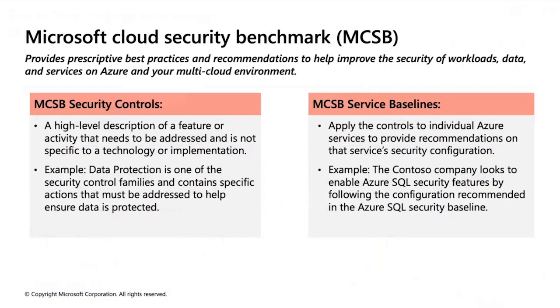For example, if I'm going to deploy a virtual machine and maybe that machine is already open for remote access and I'm not using it, in that situation you get a recommendation in MCSB that this virtual machine is enabled with remote access. That may be a vulnerability in future, and any attacker or hacker can take advantage of it. So it will give you a recommendation on what you can do.